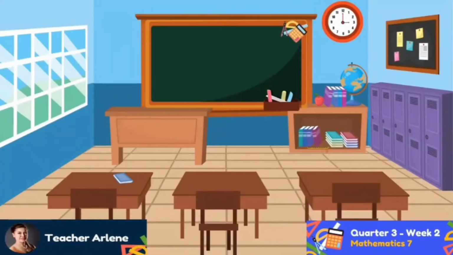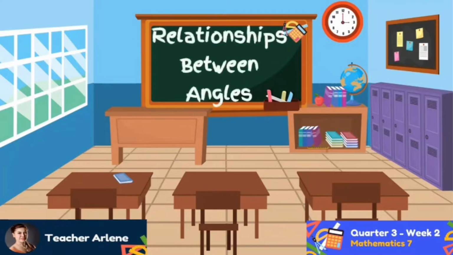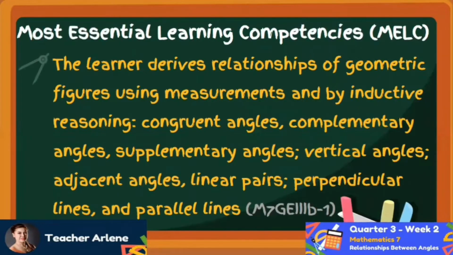Good day, learners! Welcome to Quarter 3, Week 2 of Mathematics 7. The most essential learning competencies for this week are: the learner derives relationships of geometric figures using measurements and by inductive reasoning, congruent angles, complementary angles, supplementary angles, vertical angles, adjacent angles, linear pairs, perpendicular lines, and parallel lines.